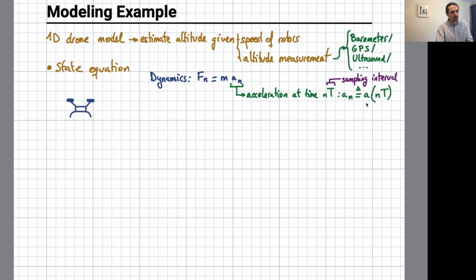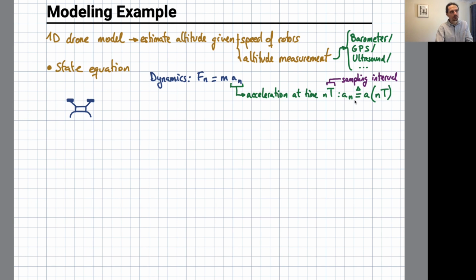As we know, the acceleration is itself a continuous time signal. It takes a value for all possible time instances, but to work on a computer or a microcontroller, we need to turn that continuous time signal into a discrete time signal.